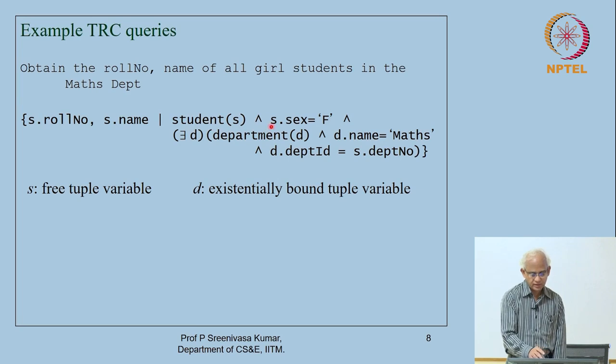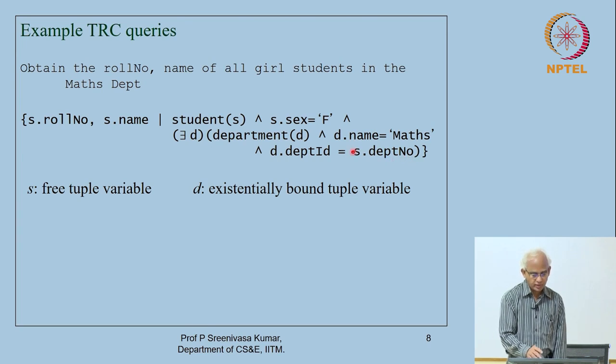So, what is the formula? Student S and S dot sex is F, and there exists D such that, within the scope of the there exists D, we are saying D is a department and D dot name equals maths, and then you are also saying D dot department ID equals S dot department number.